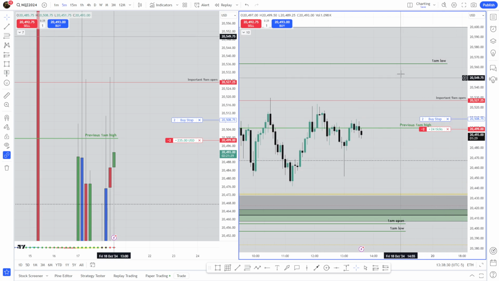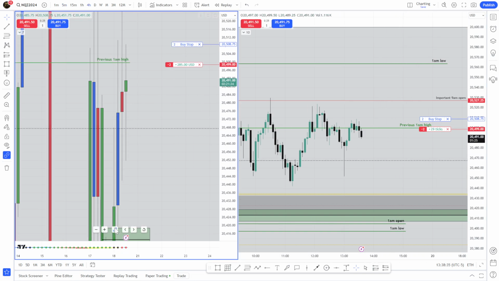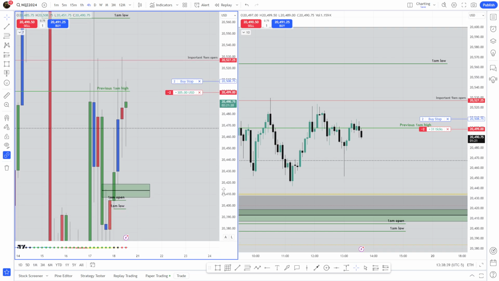Right, so we have all our 1 o'clock candles marked. So at least we have targets that are within. We're at 2,500, 563, 400.